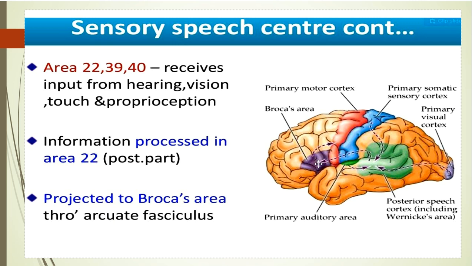The arcuate fasciculus has fibers to the neighboring gyri. Here from area 22, information is processed, then it is projected to Broca's area through the arcuate fasciculus.